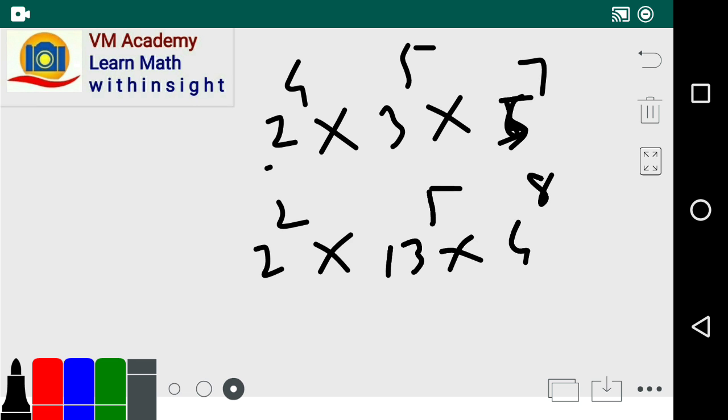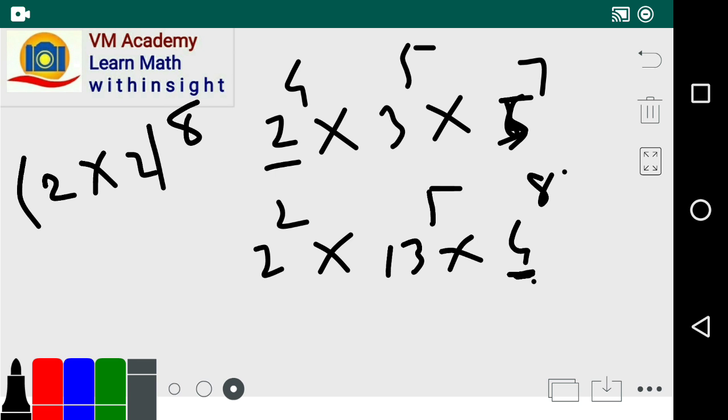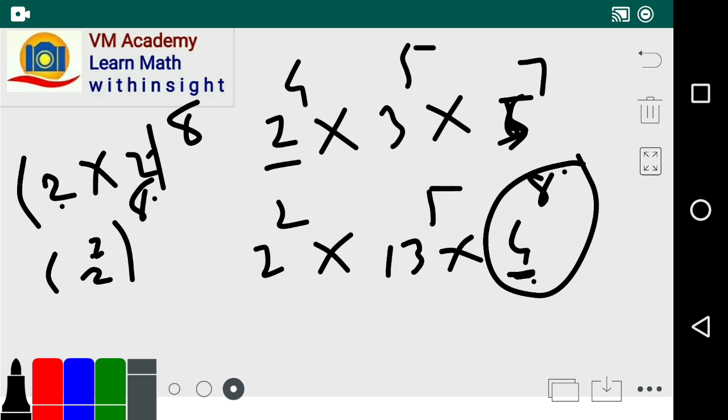Now first, 4 is not a prime number, so 4 can be written as 2 into 2, and 4 raised to 8 means 2 into 2 raised to 8, means 2 square raised to 8, means 2 raised to 16.